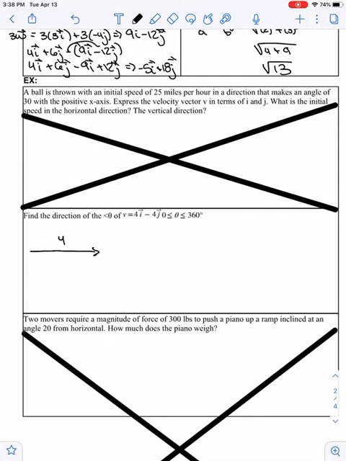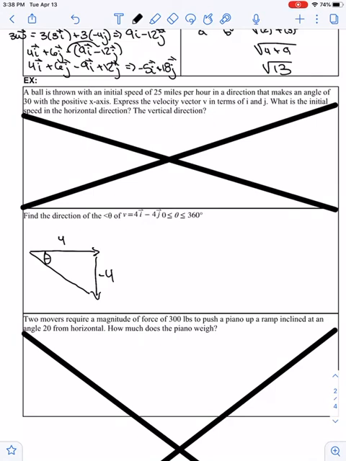Then we go negative 4 down, the j, from where you left off on your vector of the i. Now, as you guessed it, we're going to make a triangle right there, because we're trying to find the direction that this vector created.